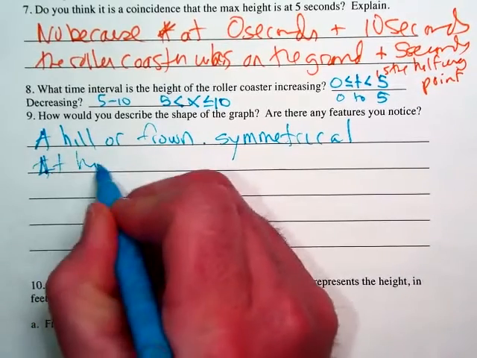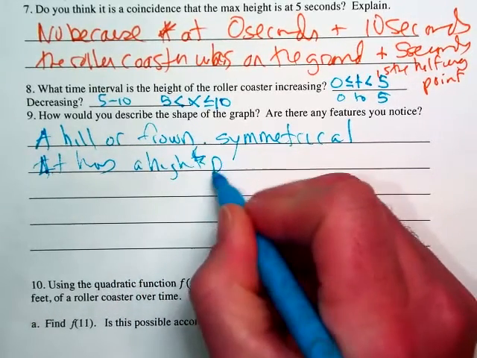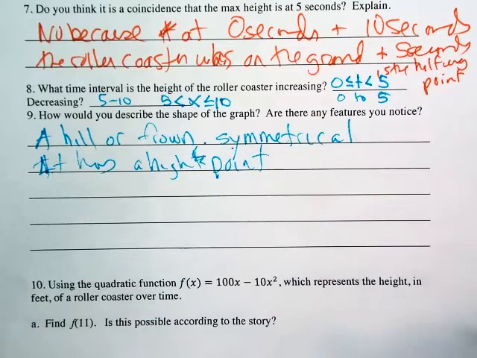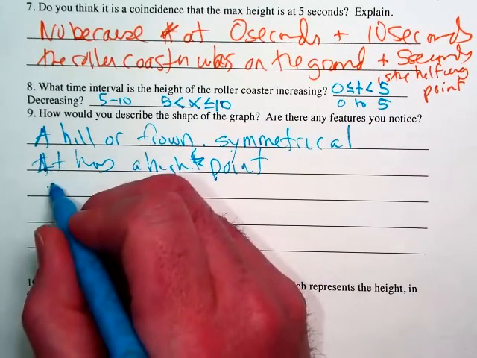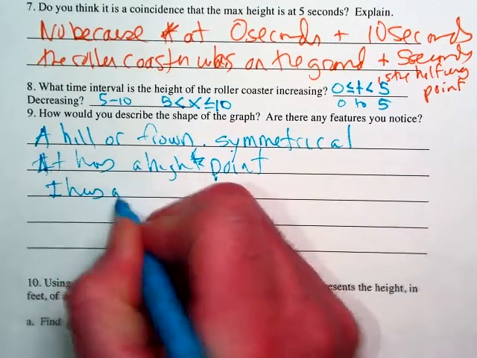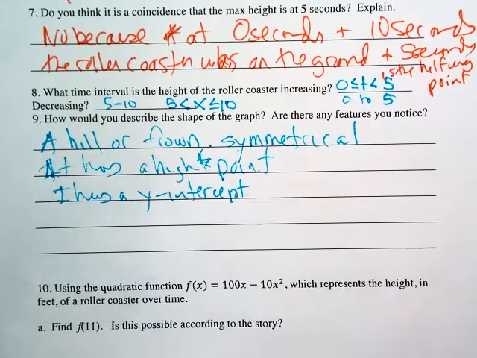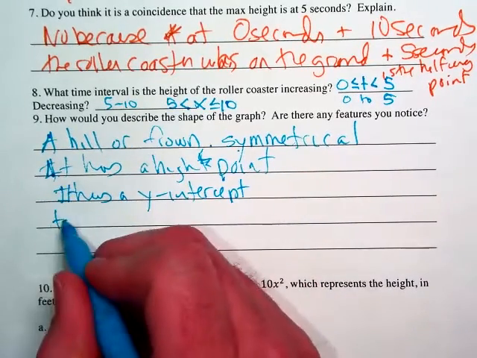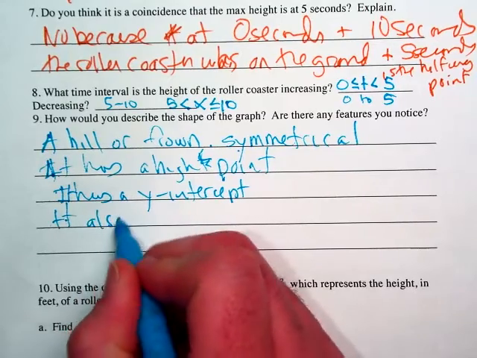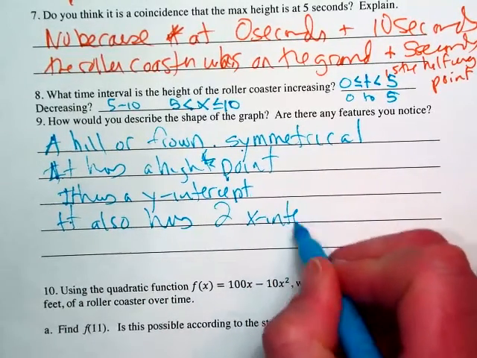And I think I want you to notice that it has a y-intercept, just like linear. But it also has two x-intercepts, which we didn't spend much time on, but we will as we go. It touched at 0 and 10, if you think about that graph, right?